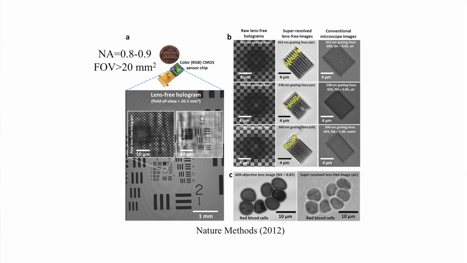These are some focused ion beam milling results where to verify the resolution, we looked at some nanoscale lines here. This is a very large field of view. A conventional microscope objective with a similar numerical aperture would be looking at a small area of this entire field of view. That's one example where the space bandwidth product, the information capacity of the imager, has been significantly increased.